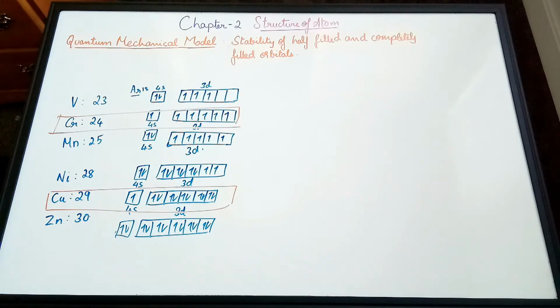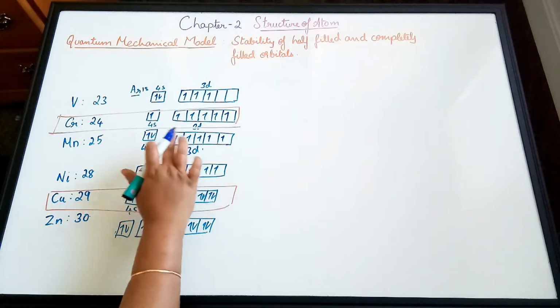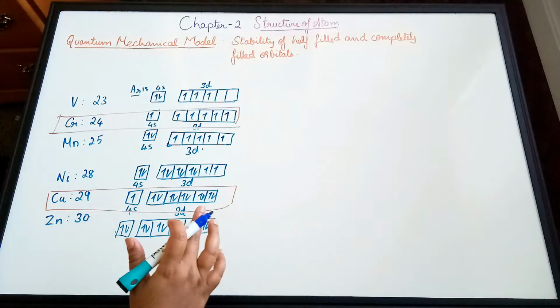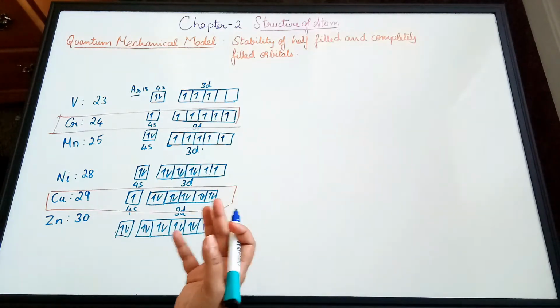There is another reason why this happens: exchange energy. The stabilizing effect arises when electrons have the same spin. These electrons can exchange their positions, and a certain amount of energy gets released when they exchange.